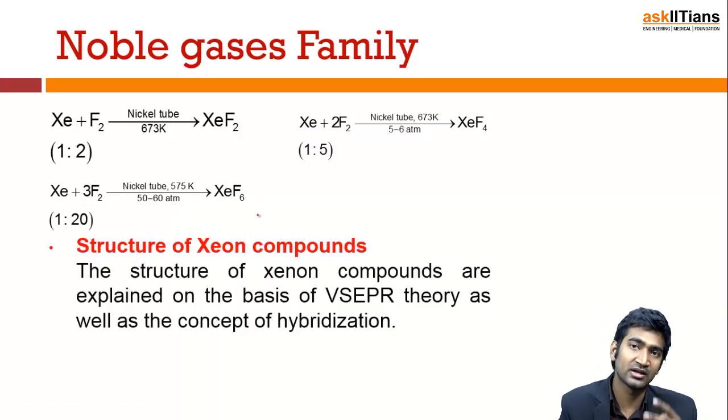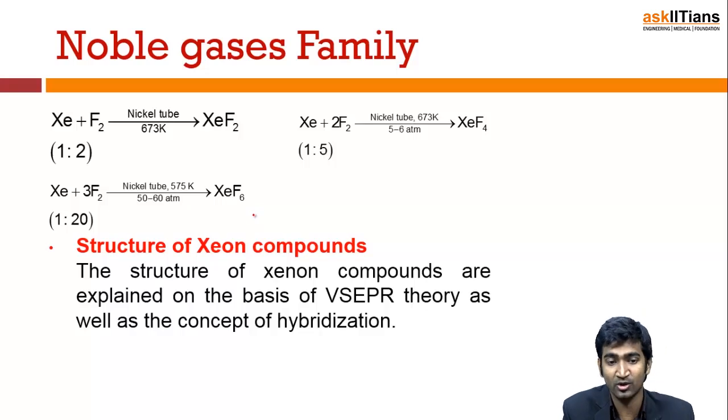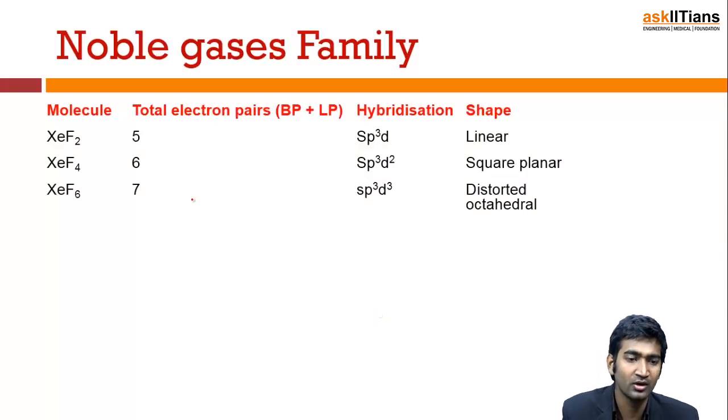Now we'll deal with the structure, how the xenon compound structures look. These XeF2, XeF4, XeF6 are all explained on the basis of VSEPR theory as well as hybridization theory. Let's have a look. If I have XeF2, how many electron pairs will I have? I'll have 5.